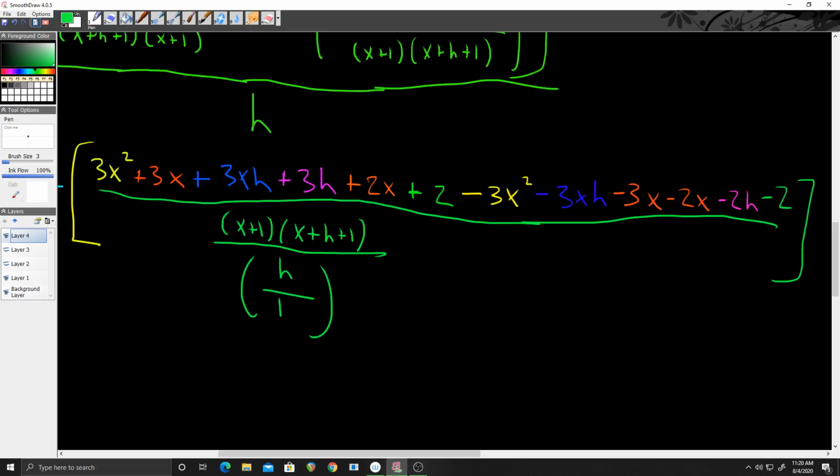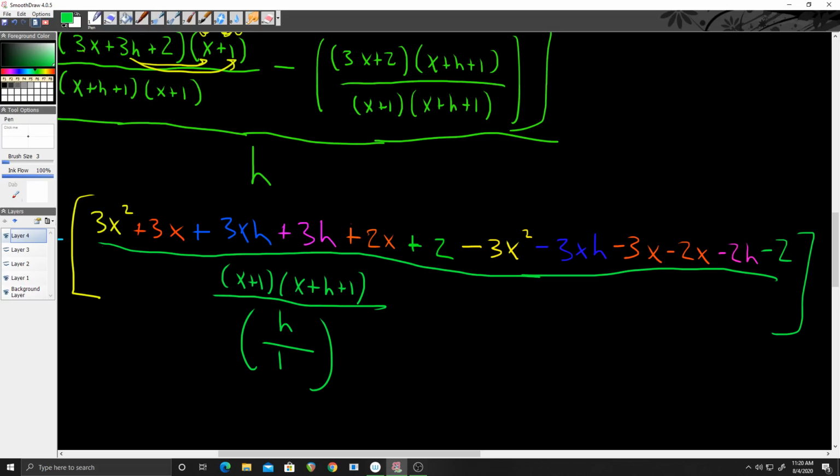Okay, good. So now, look at the colors, everybody. So let's use this color all the way. Like terms. Yeah, look, 3x squared minus 3x squared. Yellows cancel. Plus 3x plus 2x minus 3x minus 2x. So look, boom, boom, boom, boom.